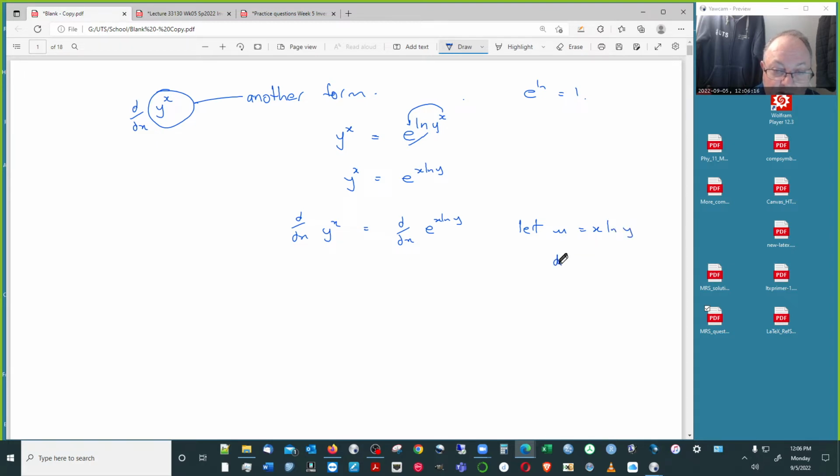And du/dx would be equal to, for all intents and purposes, ln y, as x is differentiated and ln y is a constant. We would be differentiating e to the u, and we would put those together. So we would end up with the ln of y, e to the x ln of y.